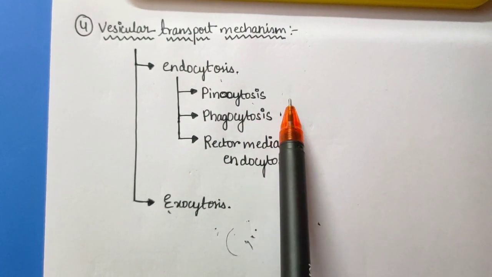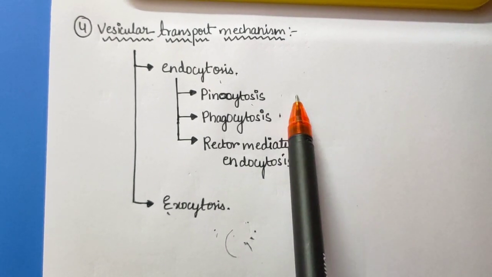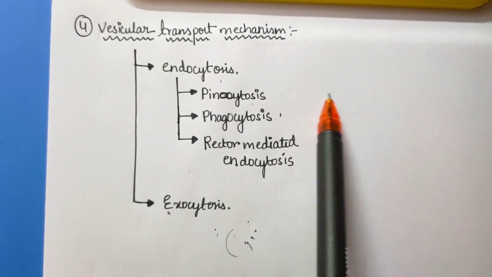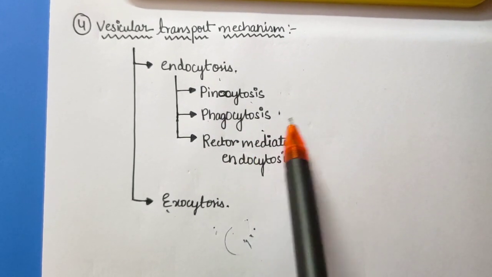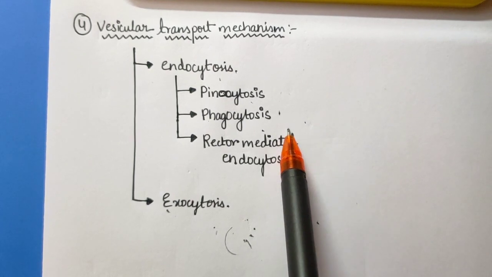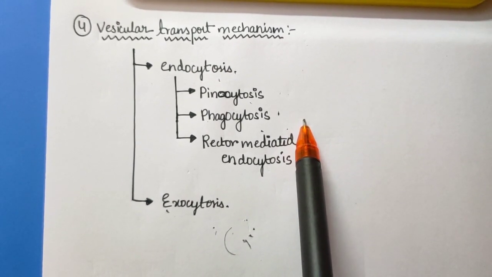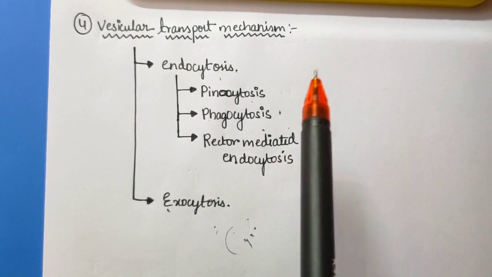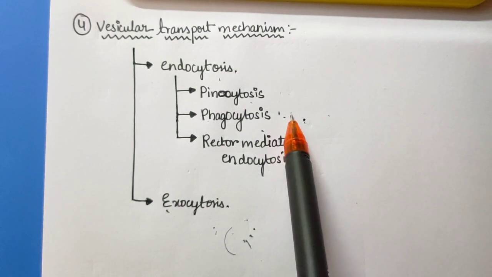Pinocytosis. Here, no specific molecule is taken, only water with some soluble vitamin molecules is taken inside. And phagocytosis. Here, foreign materials are engulfed, like bacteria, fungi, virus, etc. And it takes help of actin fibers to pull that material inside.